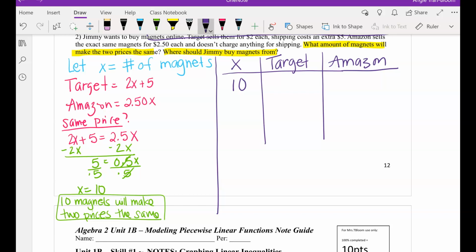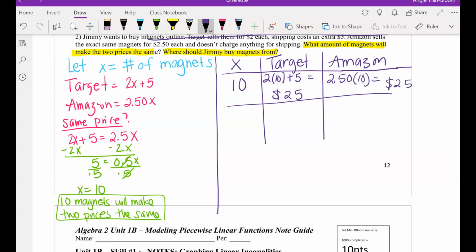Amazon. Let's see what that is. How do I find the exact price? Plug it in. 2 times 10 plus 5 is how much? 25. Perfect. That means for Amazon we should also get 25. Do you agree?